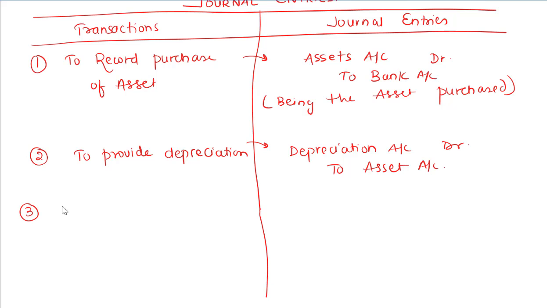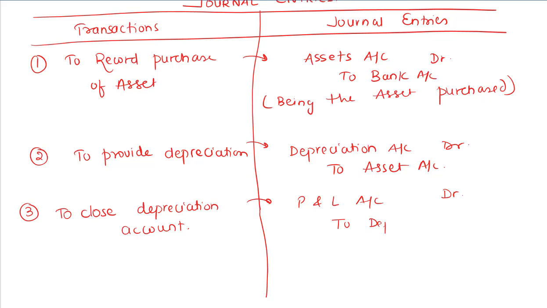Third entry, to close the depreciation account. The entry is profit and loss account debit to depreciation account, to close the depreciation.